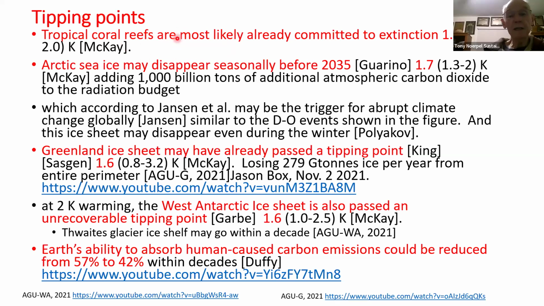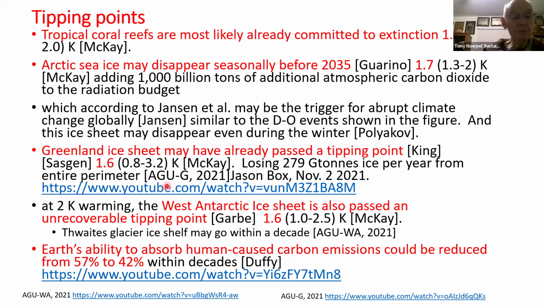Some of those will find other kinds of habitat, but many will disappear. Arctic sea ice may disappear before 2035. The Greenland ice sheet may have already passed the tipping point. And the West Antarctic ice sheet may also pass an unrecoverable tipping point.